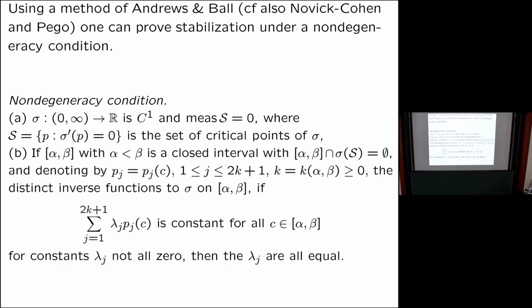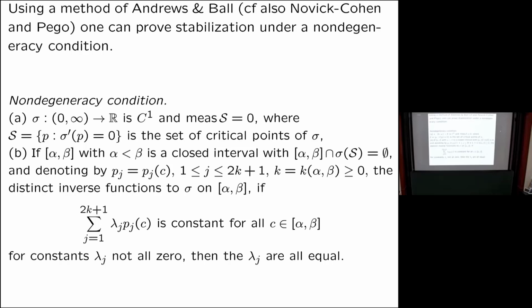And if alpha beta is a closed interval which doesn't intersect sigma of S, so it has no critical values, so no points where sigma is flat, then the equation sigma of P is equal to C will have an odd number of roots.